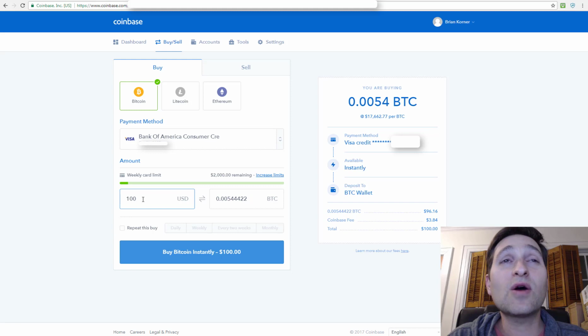Now, the overreaching thing I'm going to say here is that this is investing, right? So as with any investment, you should only invest the amount of money that you're comfortable in losing, and that goes with anything, whether it's cryptocurrency related or anything else related.